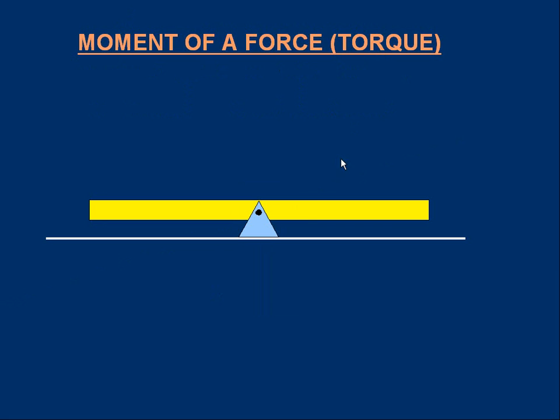So let's take this very simple situation of a seesaw. What's going to happen if we put a weight on the right hand side? Well, you don't have to know very much physics to know that the bottom of the right hand side will go down.